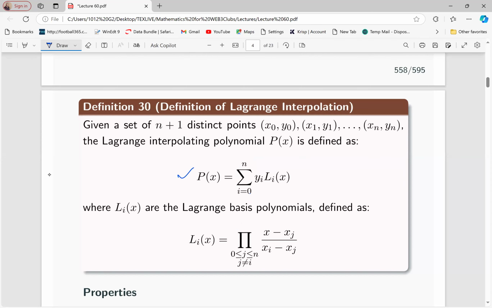Now it says sum of y_i multiplied by l_i(x). So you are summing this.